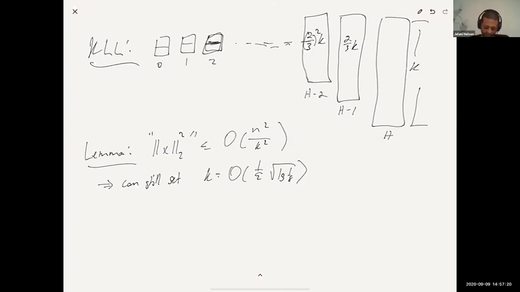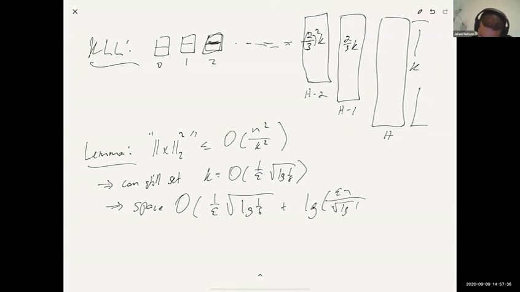Each one has size at least 1. So this implies space that's O of 1 over epsilon square root of log 1 over delta, plus log n over k, which would be something like log of epsilon n over root log 1 over delta. So the benefit is that this used to be a times, but now it's a plus.